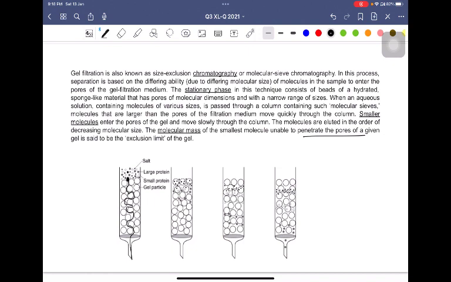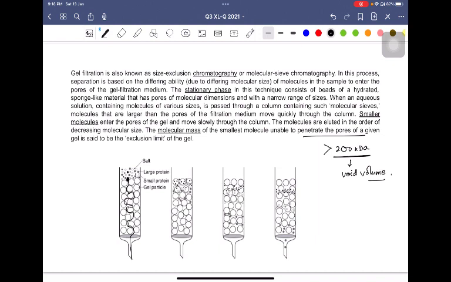We have these gel filtration resins where there is a molecular weight cutoff. Suppose this molecular weight cutoff is 200 kilodalton. It means that proteins whose molecular weight is greater than 200 kilodalton will not be able to enter inside the pores and will be eluted in the void volume of the column.